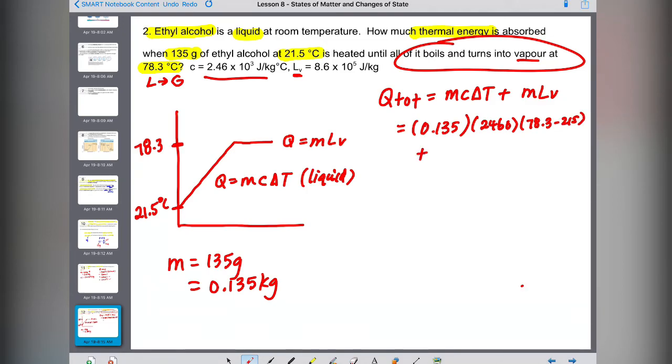And then adding the latent heat, which is the evaporation part. The mass is still 0.135. And then the vaporization is 8.6 times 10 to the 5.